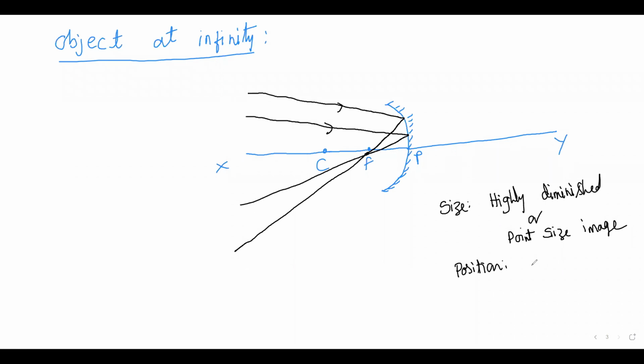Position of image is at focus, and nature of image will be, you can tell, real and inverted. You can write real and inverted. Okay. These are the ray diagrams related to concave mirror.